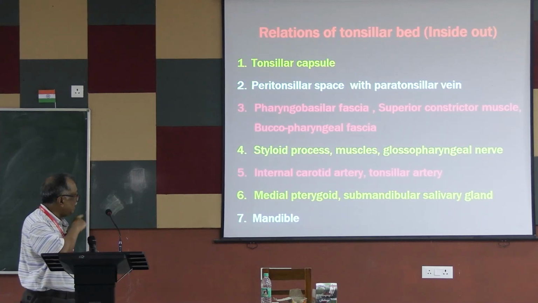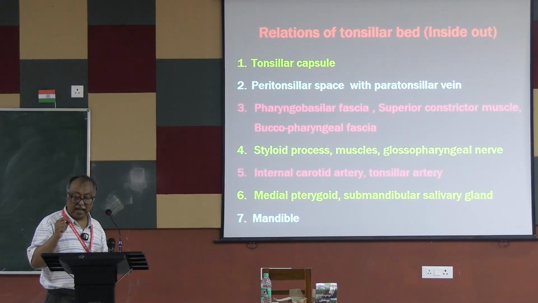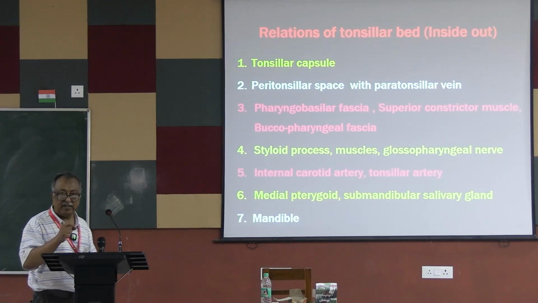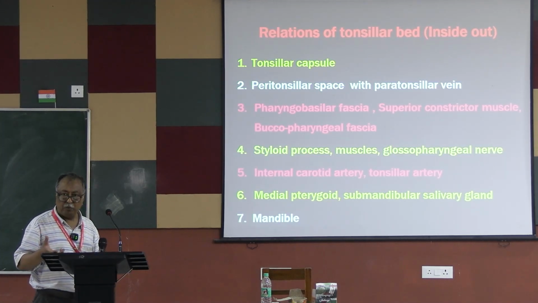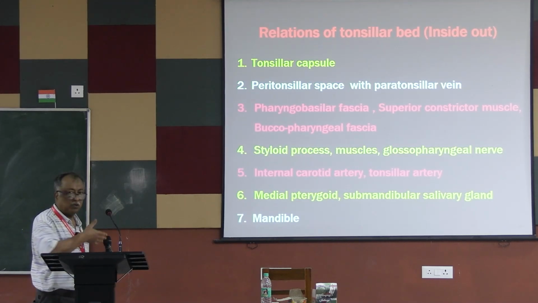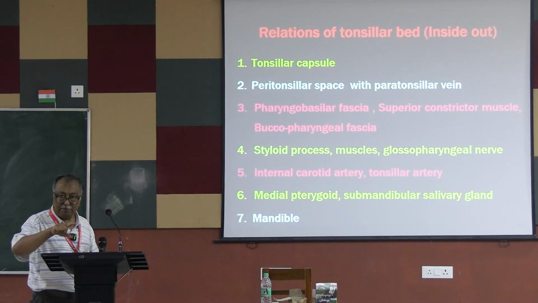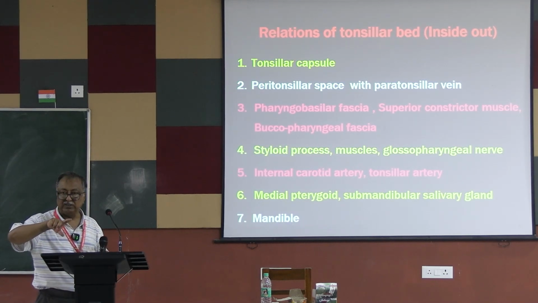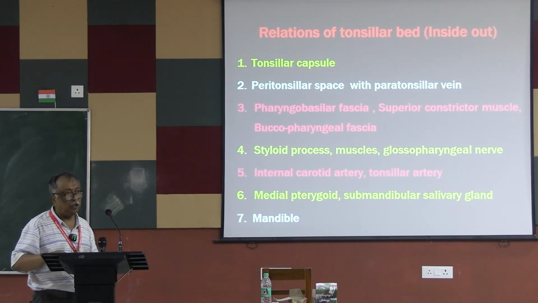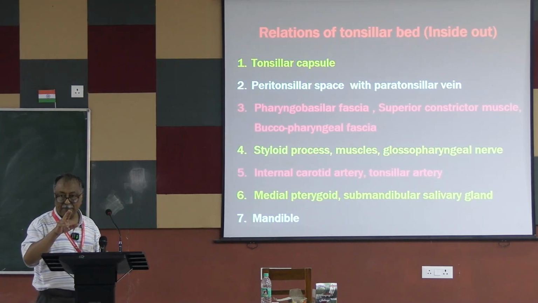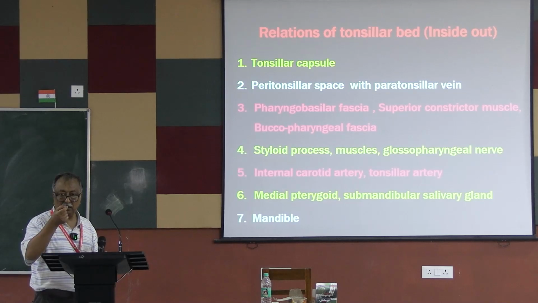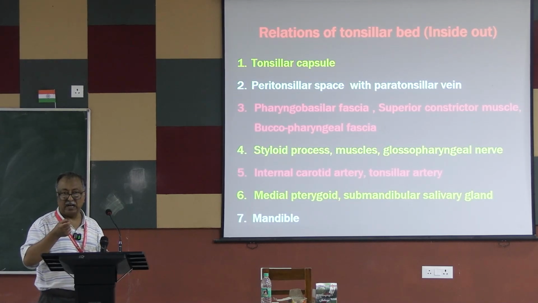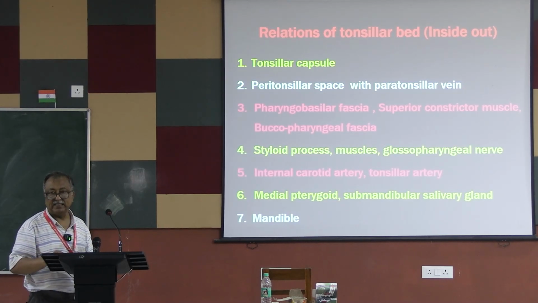As it is a neural pain, we generally treat Styalgia with carbamazepine, and if it is not improved, then we palpate or take an X-ray to see whether the styloid process is elongated. We palpate through the tonsil whether the styloid process is palpable, and if it is palpable, we go for tonsillectomy. We separate the superior constrictor, the bed of the tonsil, and we locate the elongated styloid, and a portion of the styloid is excised.